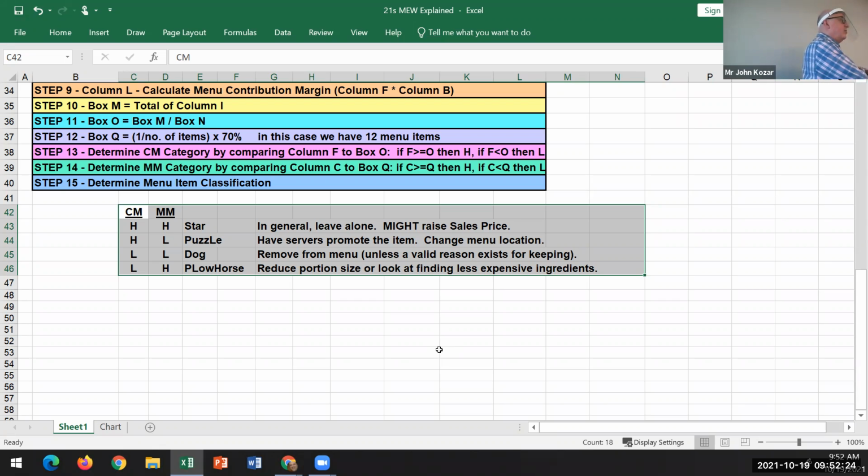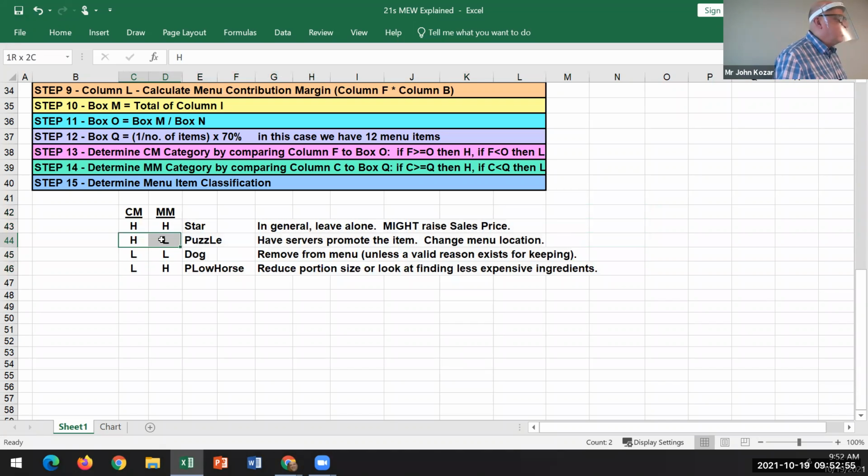It's selling well already, and you've got a low enough food cost that it's making you money. In some cases, you might consider raising the sales price, but you've got to realize how sensitive it will be. Like if you raise the sales price by $1, the sales might go down a little bit, or they might go down a lot.